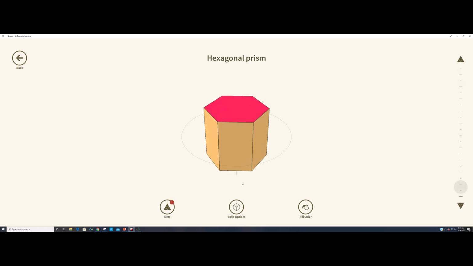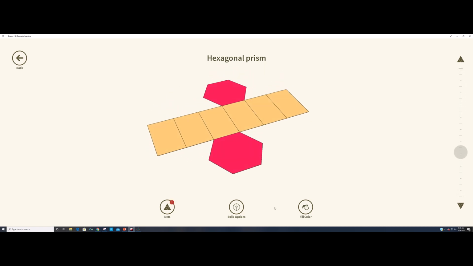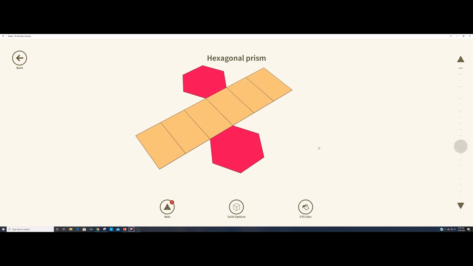I have two bases. They are the same shape, they are the same size, and they are parallel to one another. And then if I spin this around, you can actually see that all the other sides are going to be rectangles. Now, this is very cool. If I go all the way over here to the right, I can actually unfold this into a net, or a flat two-dimensional figure, so that you can see the two hexagons and all the rectangles together more easily.